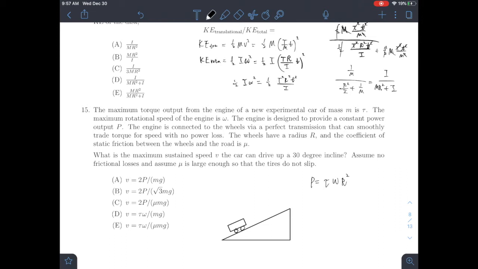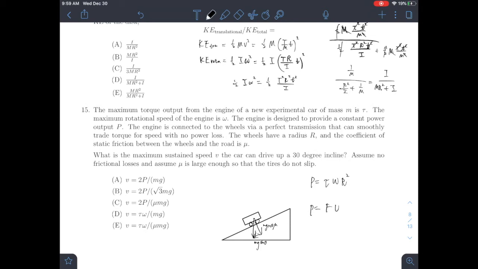Then the power that keeps the car from sliding should be equal to force times velocity, F times V. So omega times tau times r squared has to equal F times V. Let's first find out what F is. F is the force that's trying to drag the car down, with mg times sine theta and mg times cosine theta times mu, which is the friction force.